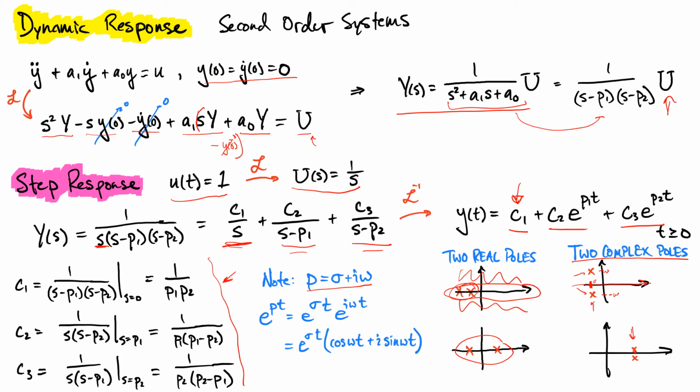So when we apply a force, essentially, and keep it on, and that's what the step response is, it makes sense that you could have these exponential terms, but then you'd also have this kind of offset term. So that's due to this force that's being turned on and held at a constant value. These exponentials, depending on what the poles are, what these values are, those could be different things.